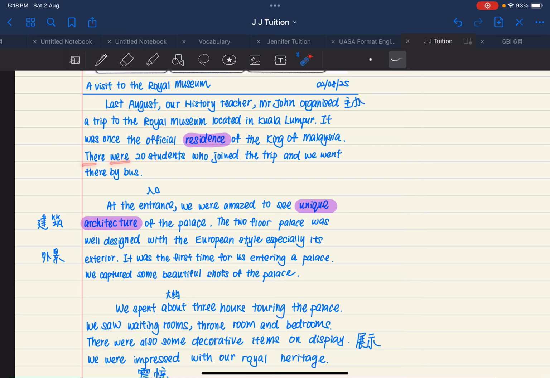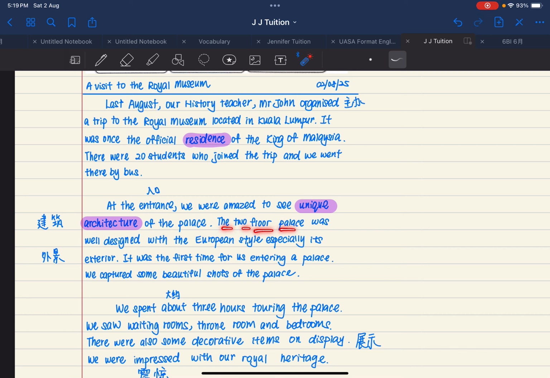There were 20 students who joined the trip and we went there by bus. At the entrance, we were amazed to see unique architecture of the palace.